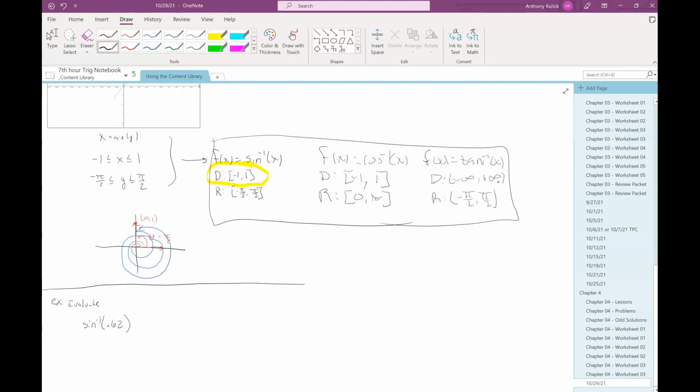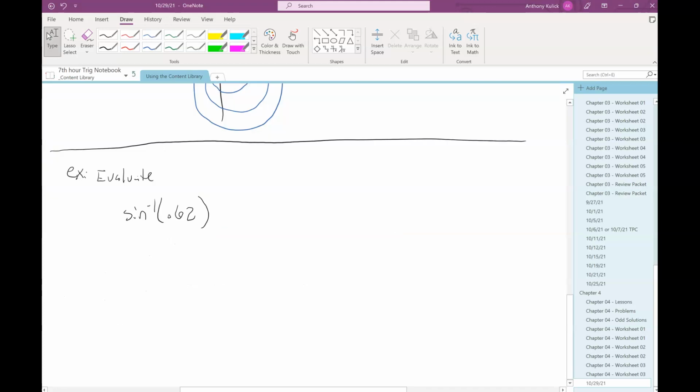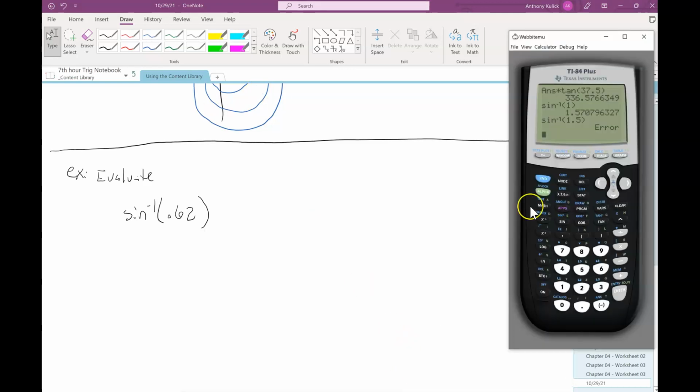Okay, sorry about that. Now I'm ready to go and do the examples. I wanted to make sure, because I'm going to use some of these other ones while we're doing this. So let's say we want to do sine inverse of 0.62. And we're just asked to evaluate this.